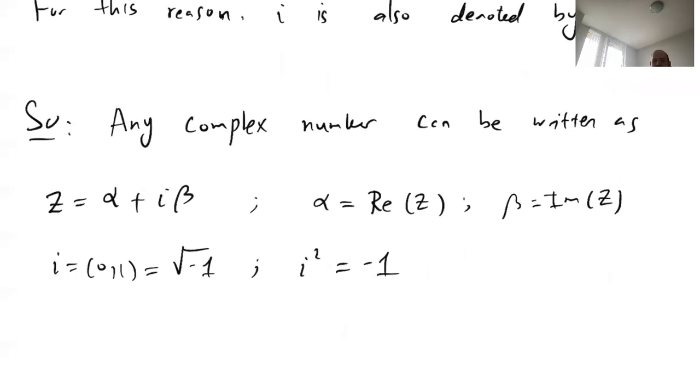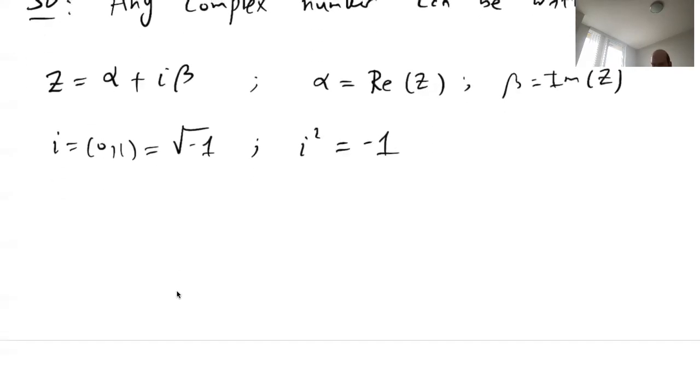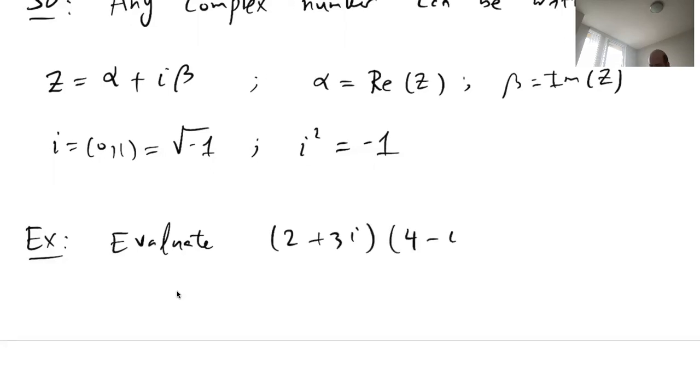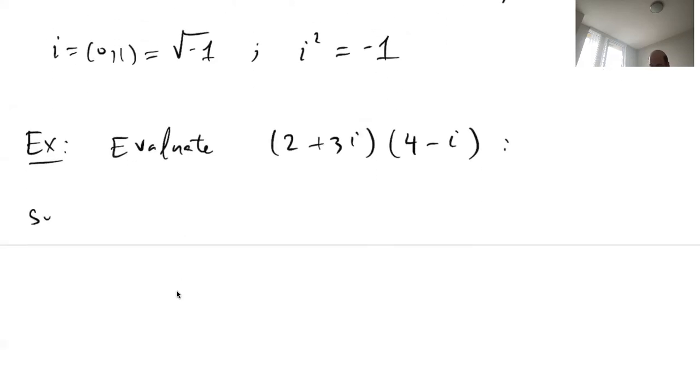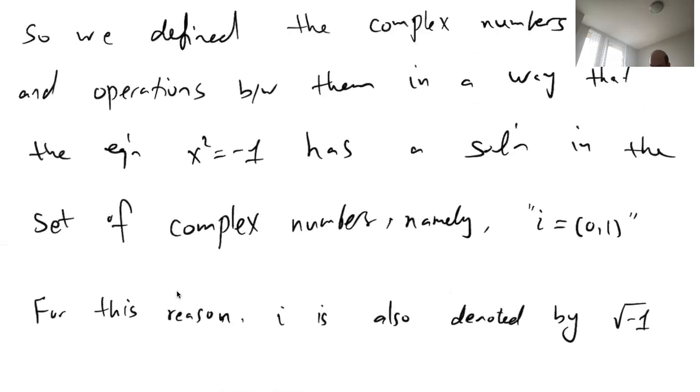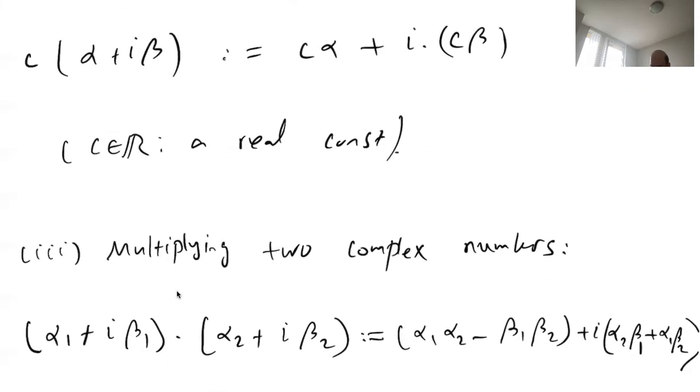So let's look at an example. Let's say you want to evaluate 2 plus 3i times 4 minus i. Solution 1, which I can leave as an exercise, is to use the formula that we introduced as a definition of multiplication of two complex numbers.